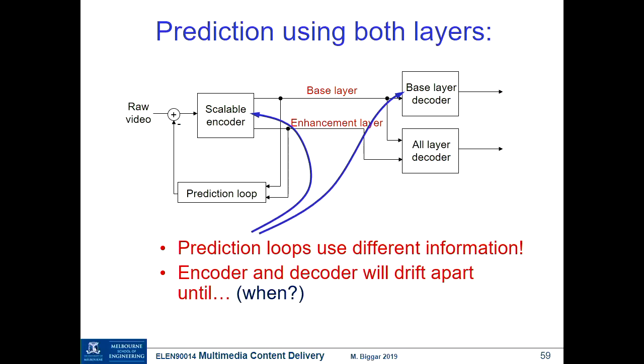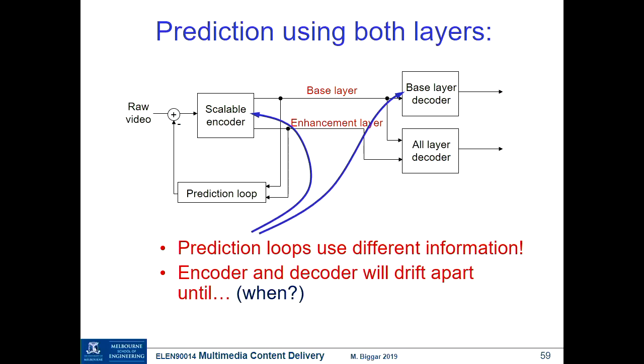And so the reconstruction of the image on the output of the base layer will be a little bit different to what this one thinks it will be. And then the next frame will be the same, and the next frame will be the same. And so this base layer decoder output will drift. It'll be increasingly distorted from what this encoder is actually encoding. Does it make sense?